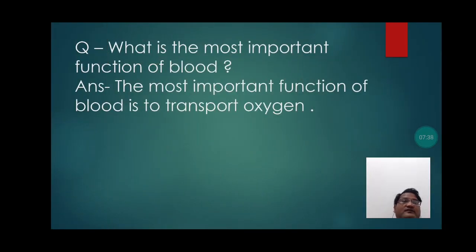Students, now let's discuss a very important question. What is the most important function of blood? The most important function of blood is to transport oxygen. Students, blood transports oxygen in the form of oxyhemoglobin.